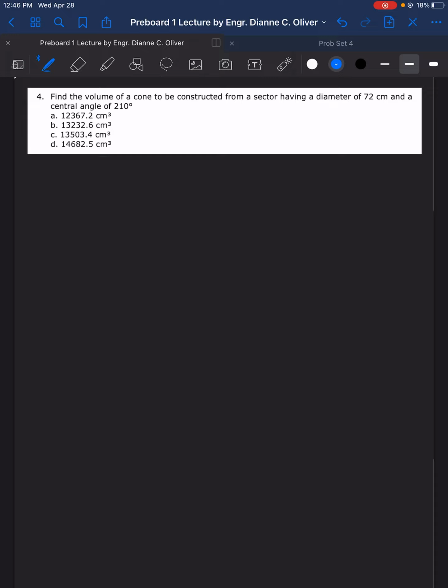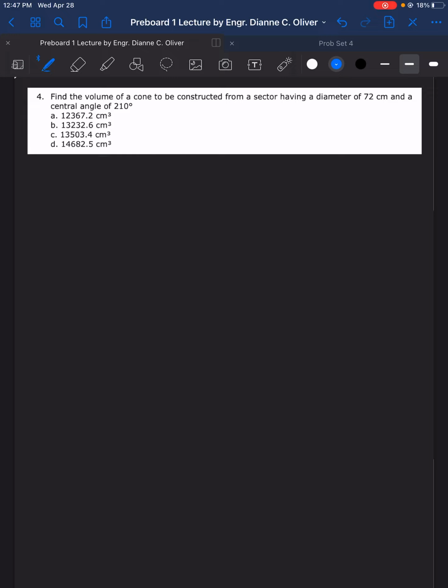Letter A, 12,367.2 cubic centimeters. B, 13,232.6 cubic centimeters. C, 13,503.4 cubic centimeters. D, 14,682.5 cubic centimeters.